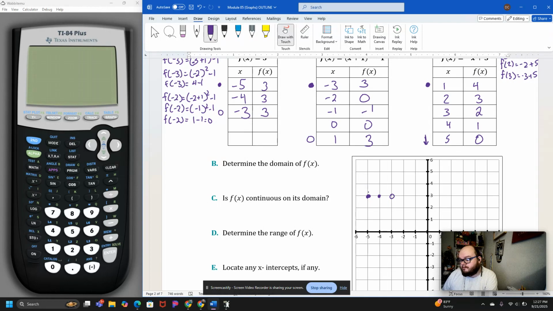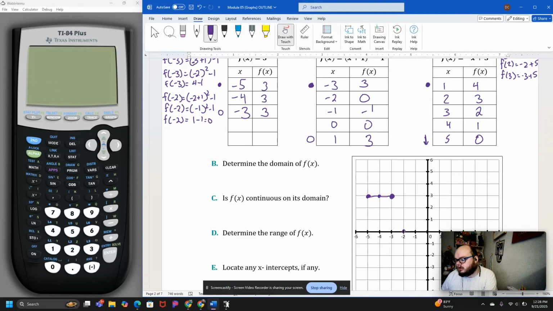But then look at this next one. When I started, it says -3 and 3, but it says closed circle. So now I can close the circle in, okay? Because this one has that same value and it needs a closed circle. So that's not going to be a hole in our graph after all.